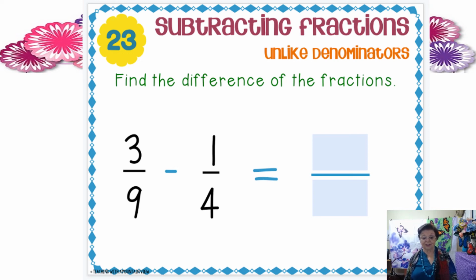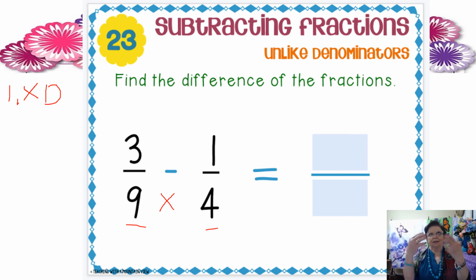Here's another one. A 9 and a 4. Can somebody tell me what we do first? What's step 1? Multiply the denominators. 9 times 4. Let's see, 1, 2, 3, 4, 36.